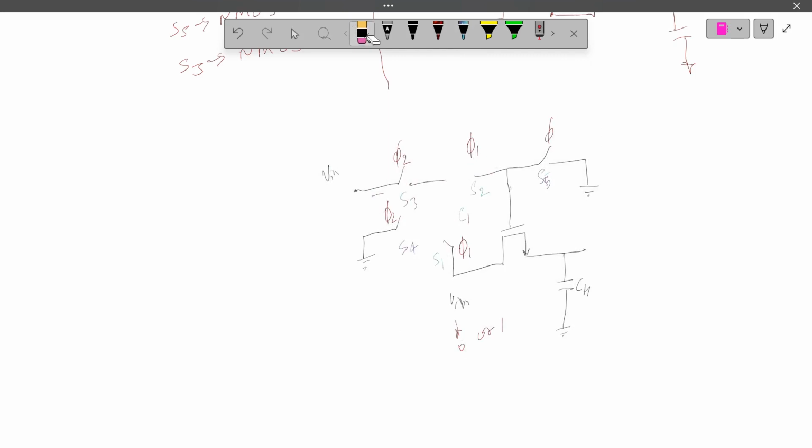So first I remove all the parts and I'm going to add those circuits that I explained earlier. Let's take a look at that.